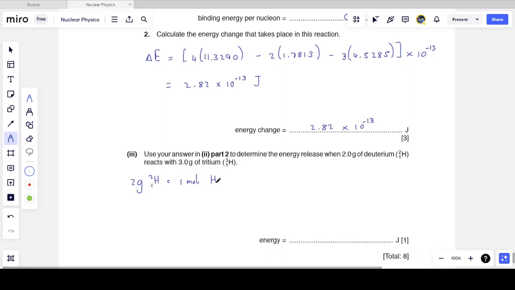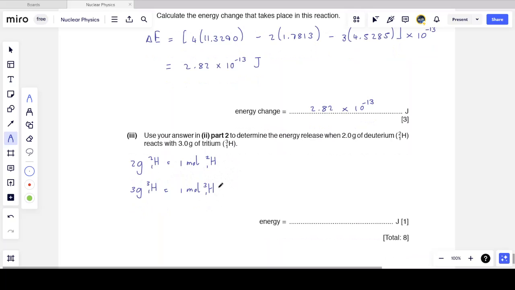And if I look at this pattern, 3 grams of hydrogen-3 is equal to 1 mole of hydrogen-3. So 1 mole of deuterium and 1 mole of tritium are obviously going to produce 1 mole of helium-4.